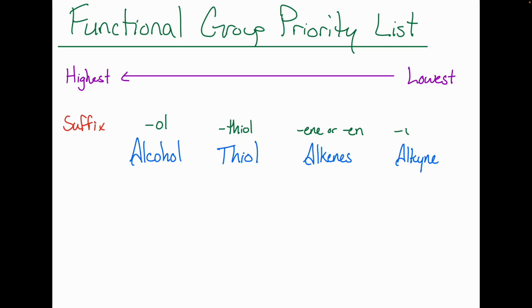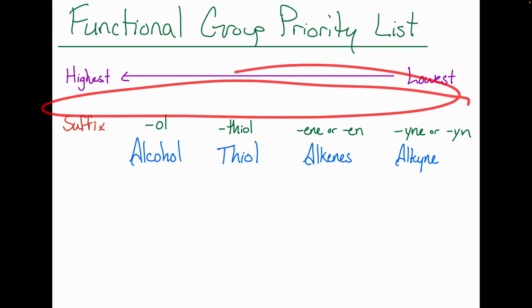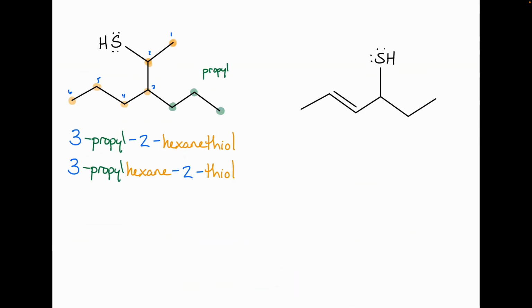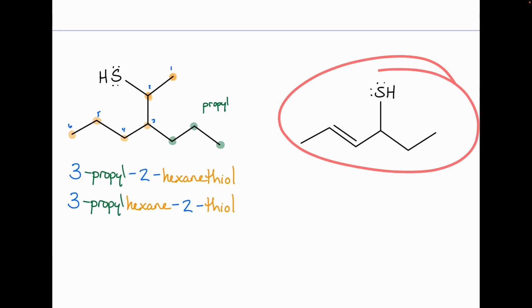And alkynes were Y-N-E or Y-N. And I'm going to leave some room up here to complicate things. All right, but given what we've discussed thus far about alcohols and alkenes, and given now that we've introduced thiols onto this priority list as being higher than alkenes, I want everybody to take a second and name this molecule for me.